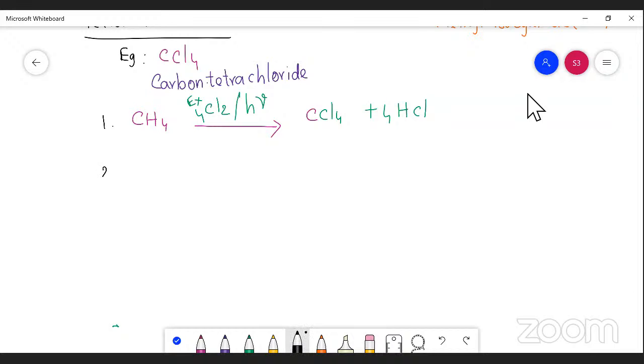As the second method, we may prepare carbon tetrachloride from carbon disulfide.